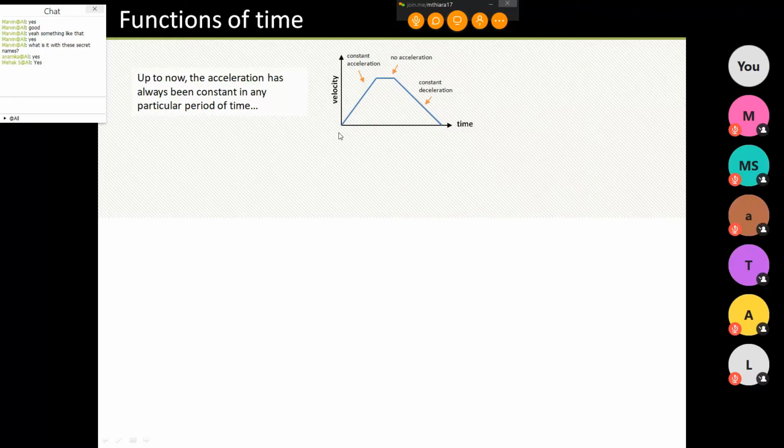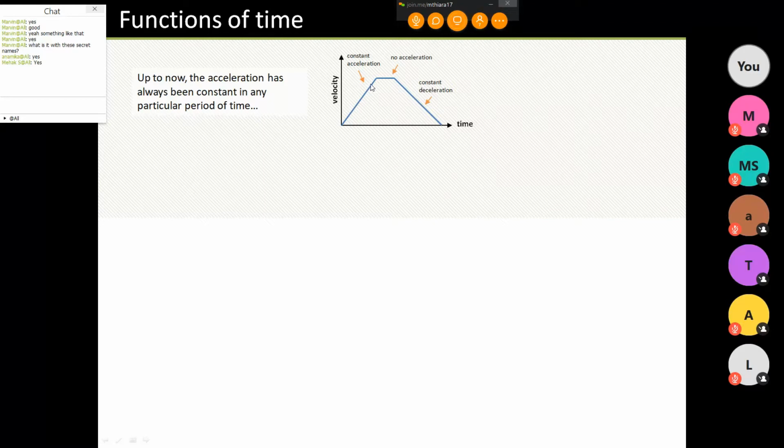If we look at a standard velocity time graph, we can see that acceleration has been constant. They've been straight lines in velocity time graphs, or even in displacement time graphs as well, and acceleration has been completely horizontal lines.